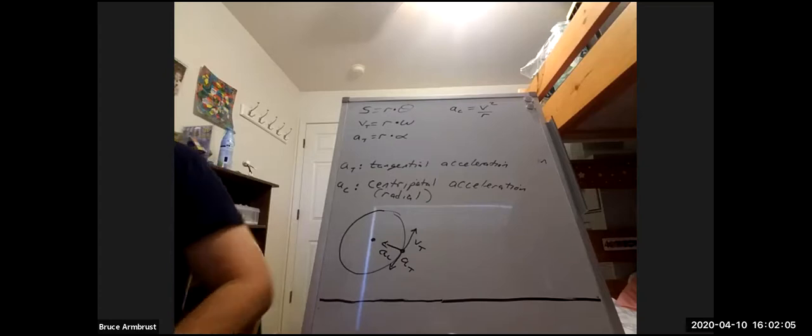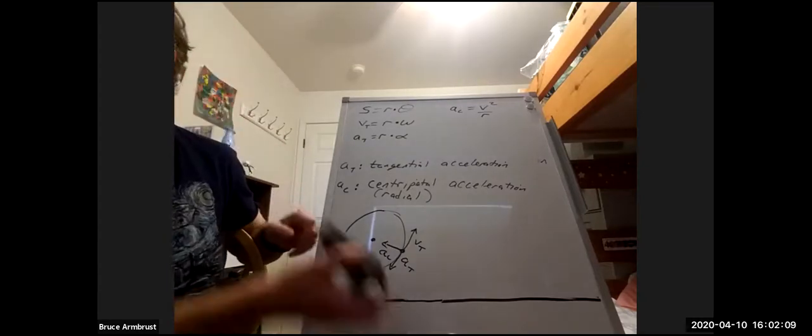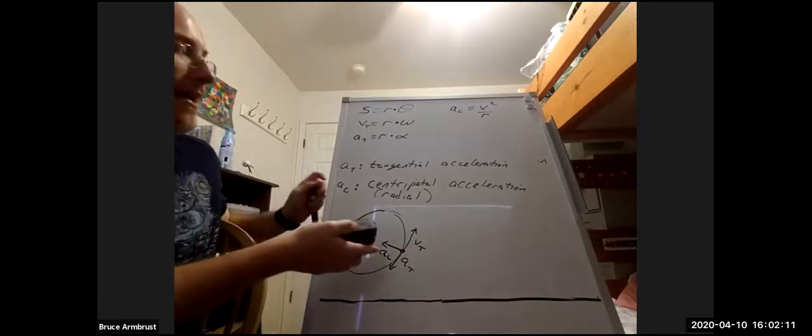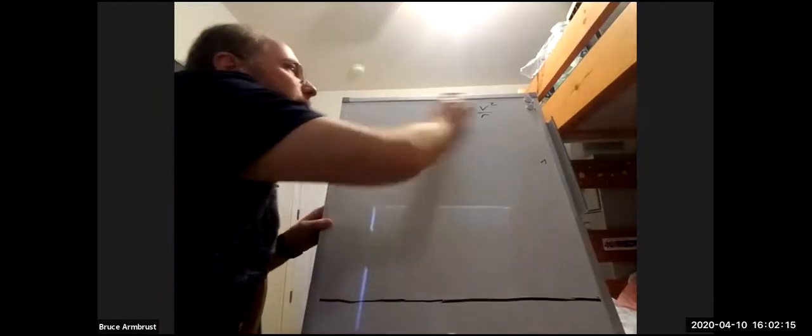All right, hearing none, let's look at this. So let's say that we've got a rotating wheel, and what we know about it is that it's got an omega of 6 radians per second.